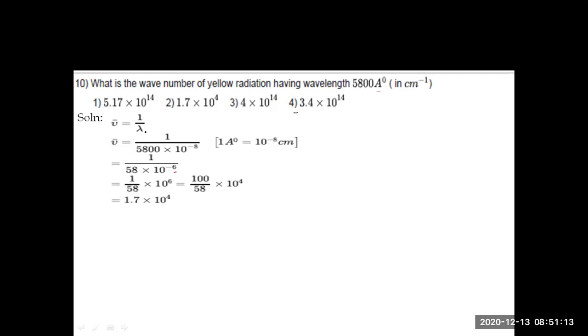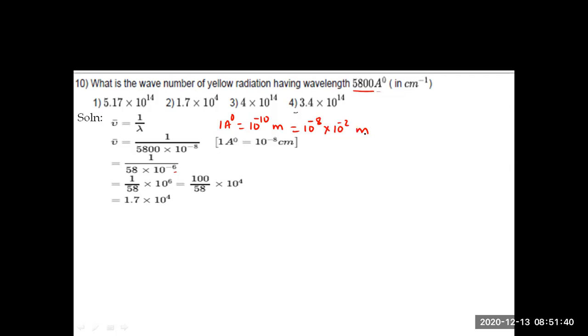So nu bar is equal to 1 by lambda. Lambda is how much? 5800 angstrom. 1 angstrom is 10 raised to minus 8 centimeter. Is that okay? So all these are conversions. So 1 angstrom is 10 raised to minus 10 meter. Okay, 10 raised to minus 10, you take minus 2 out, becomes 10 raised to minus 2 meter.